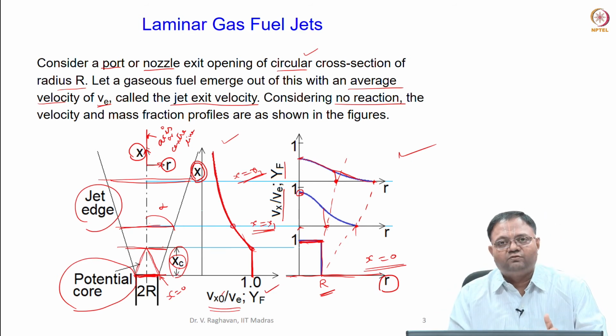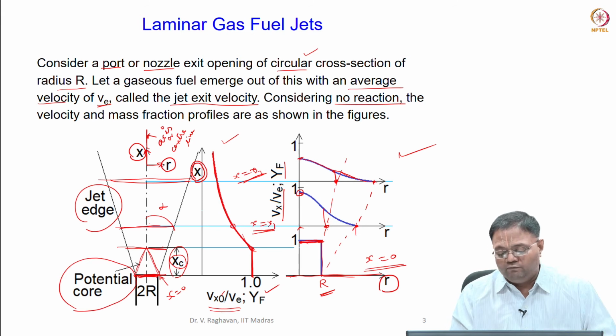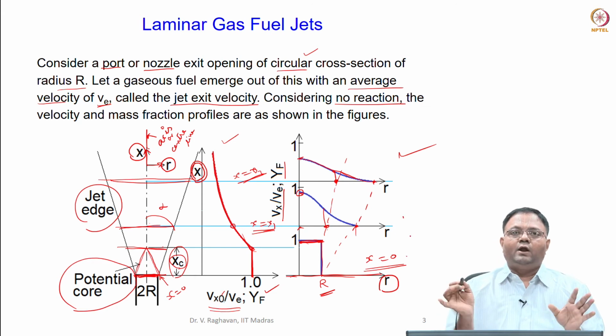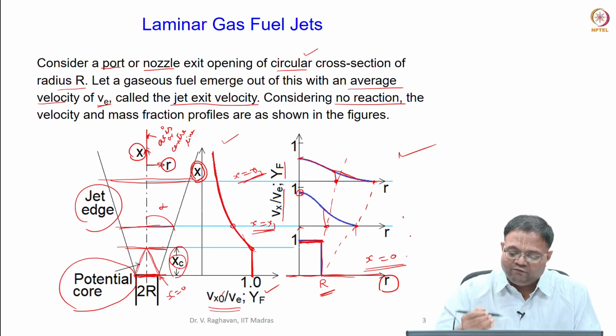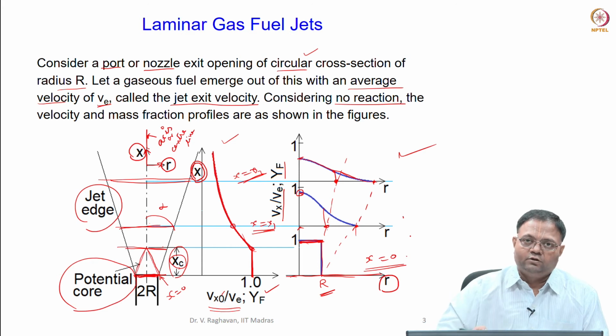After that distance, when you plot Vx by Vx naught versus R by R off, you collapse the profiles. Below that you cannot collapse them, as you can see here, at x equal to 0 and x equal to x1, you cannot collapse by using that rule. So, only away from the jet exit or the nozzle exit will this solution be valid.